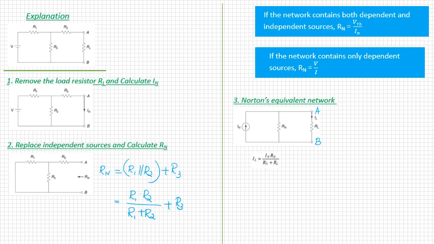Now the current IL can be found out using the current division rule. IL is equal to IN, the total current, into the resistance of the other branch divided by the total resistance.